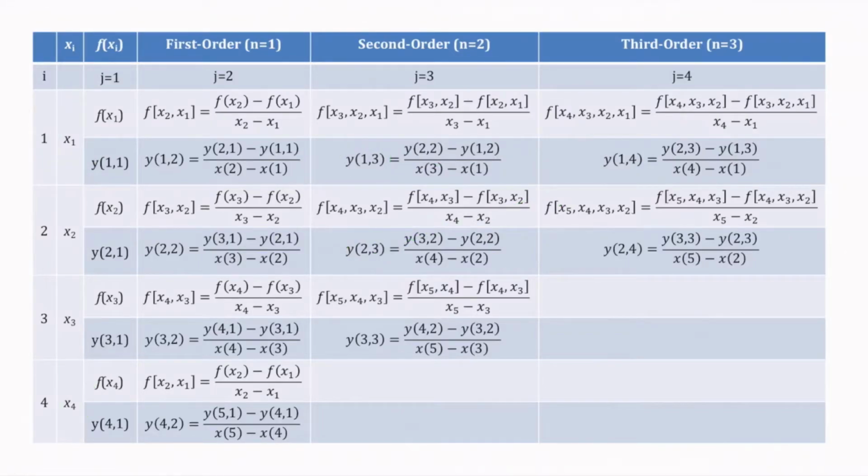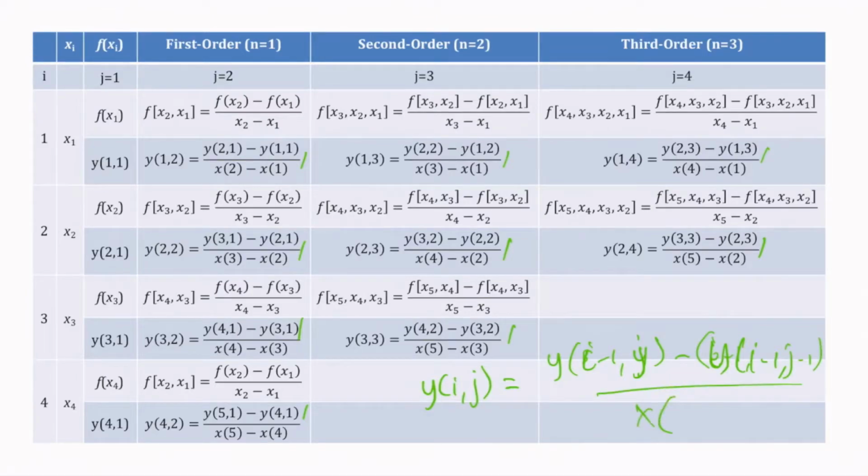Now that we know the purpose of the first index and the second index, and we know how each of these equations were derived, the next step is to find a pattern. So what we need is a general term y(i,j) equal to something like y(i+1, j-1) minus y(i, j-1) divided by x(i+j-1) minus x(i), something like that.